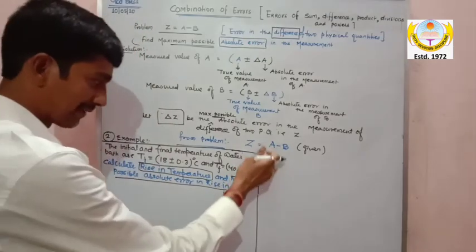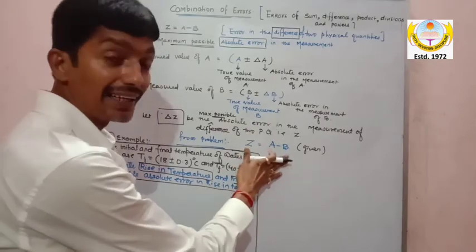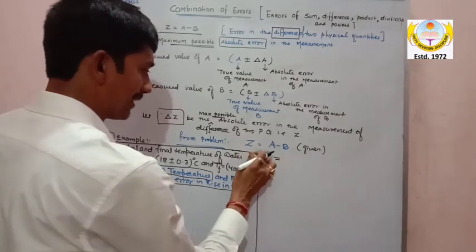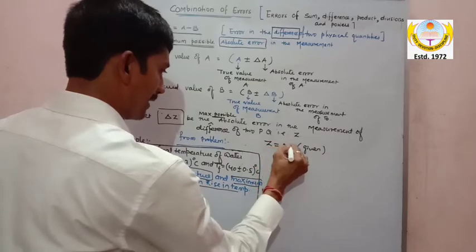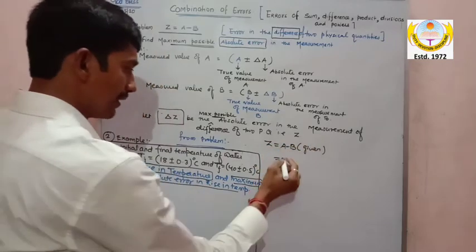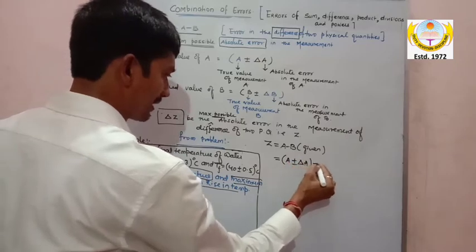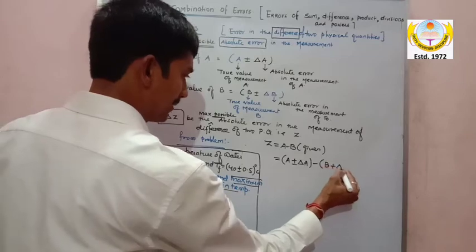Now let us try this, and I will tell you what happens to the maximum possible error in this case. According to the question, z is equal to a minus b, given. Now a is a plus minus delta a, and I will go a little fast since it was in the earlier video, minus b is b plus minus delta b.